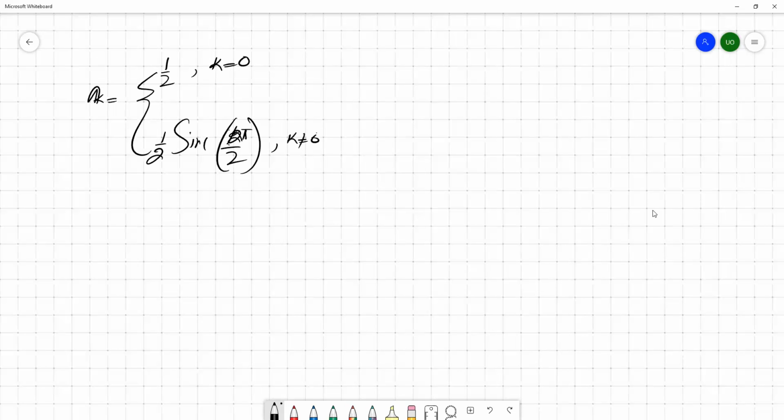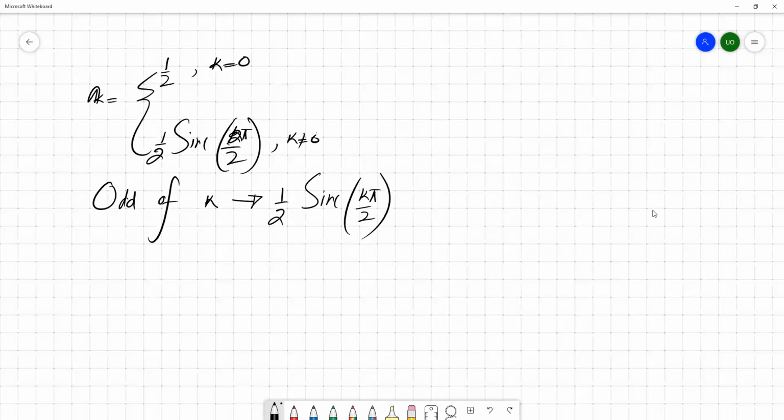If we expand this, for odd values of k we can simply evaluate the sinc of k pi over 2.